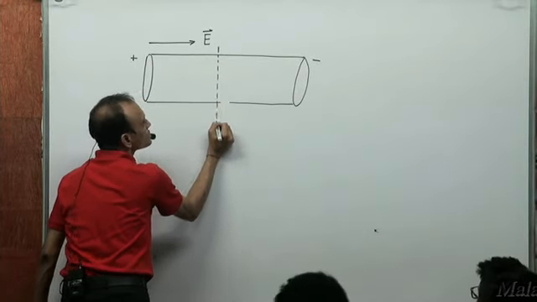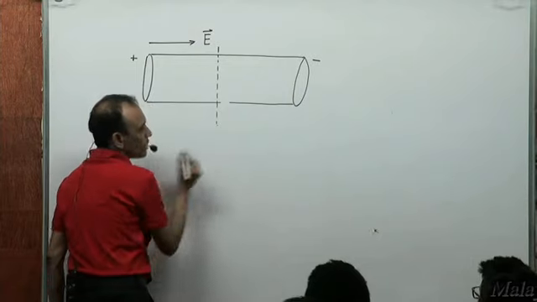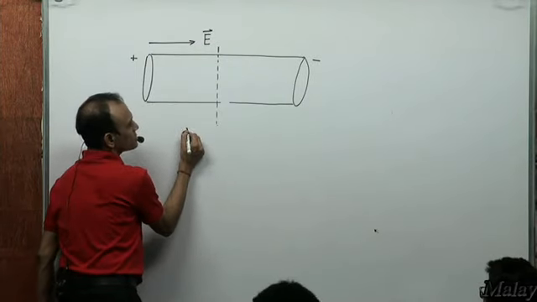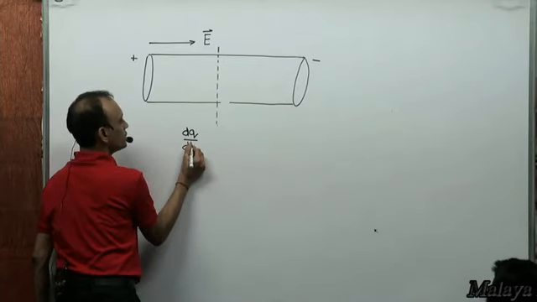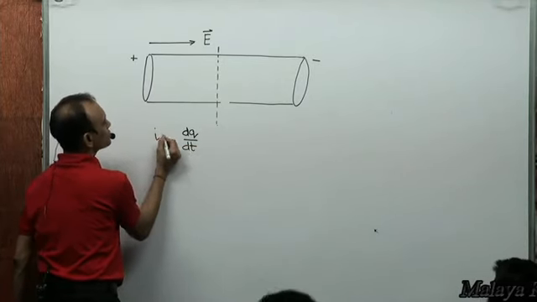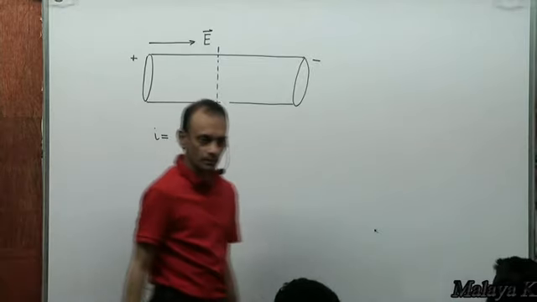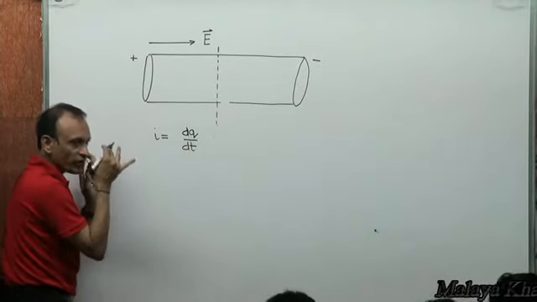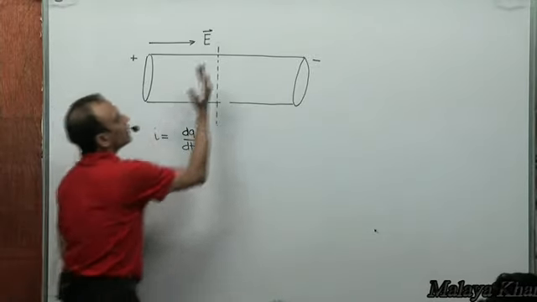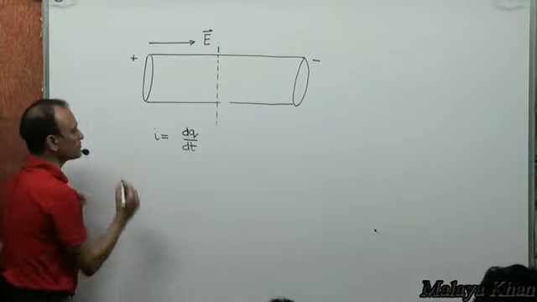If this was any cross section, then across this cross section, a small amount of charge dq passed in time dt, resulting in a current I through this cross section, right? And we also defined a current density associated with this cross section.